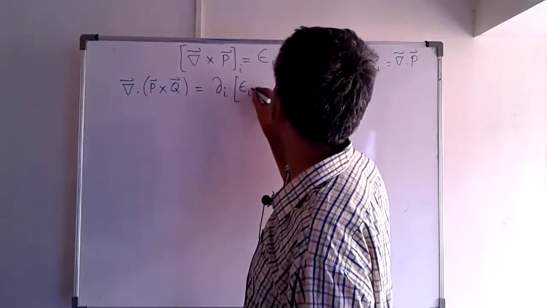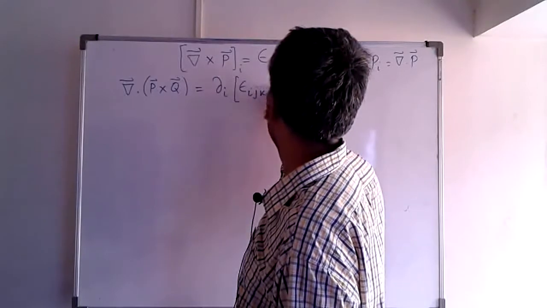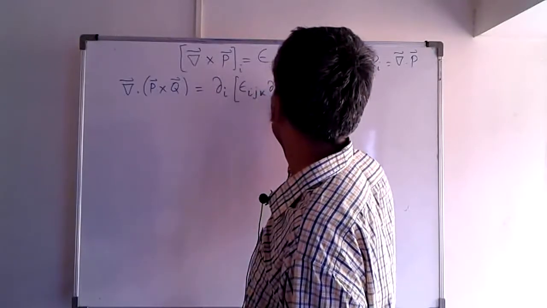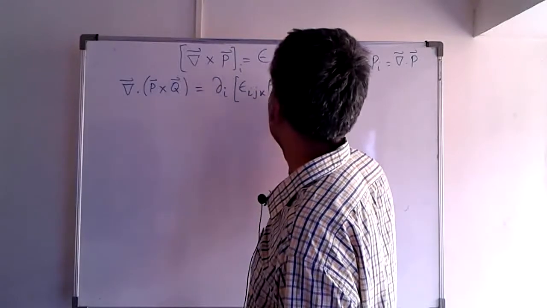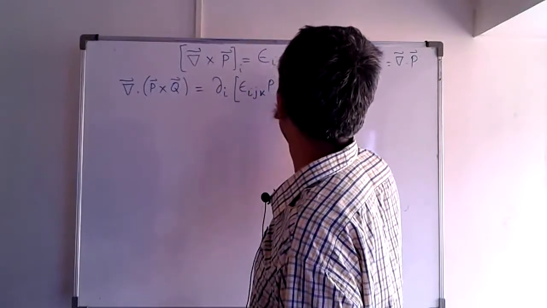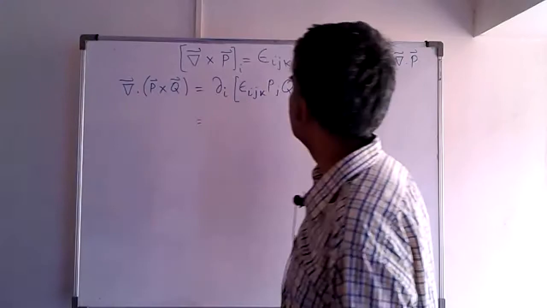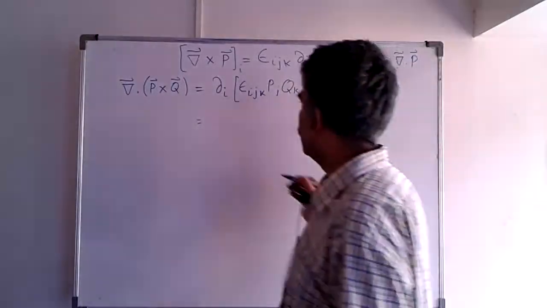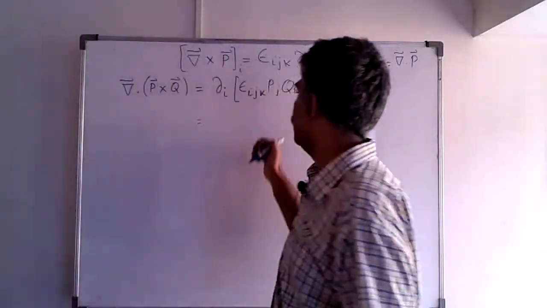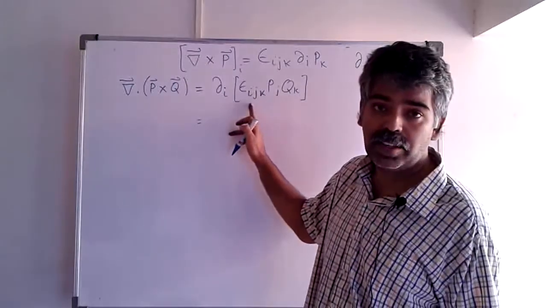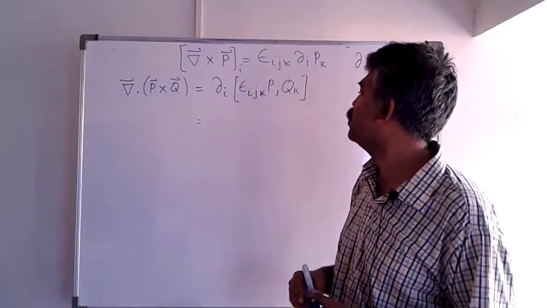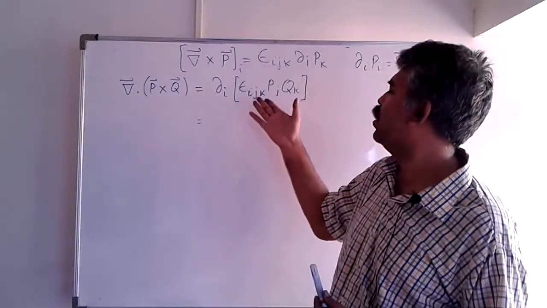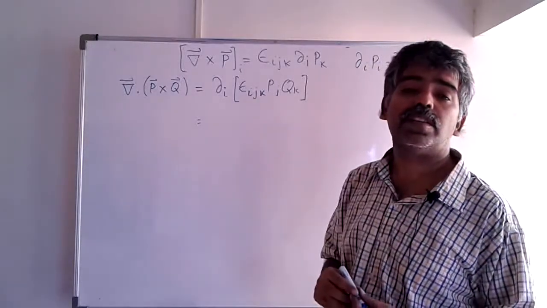So let me write it. Epsilon i j k del j, not del j, sorry, pj qk. Okay. So epsilon is a completely antisymmetric tensor. In the next class I shall ask you how many independent components there are in epsilon.